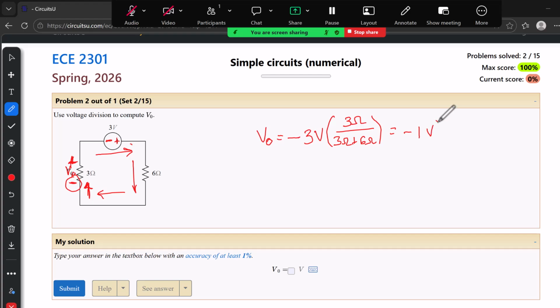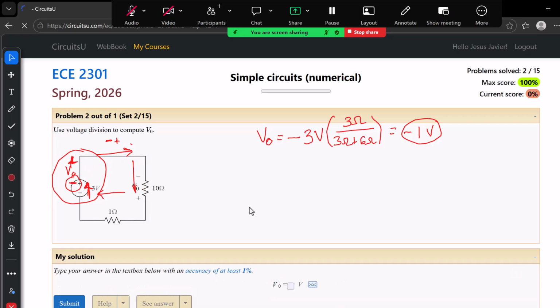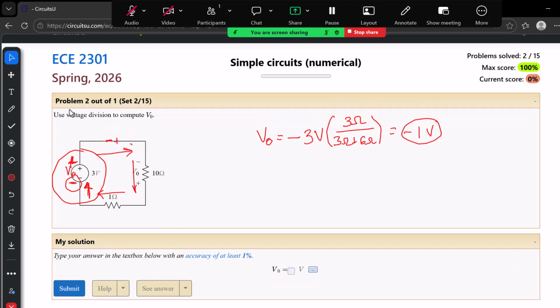So negative 1 volt. Why? Because of the passive sign convention. So now it's time to put negative 1, then submit, and we have the correct answer. Now, let me show you a similar problem in which it may have a different polarity.